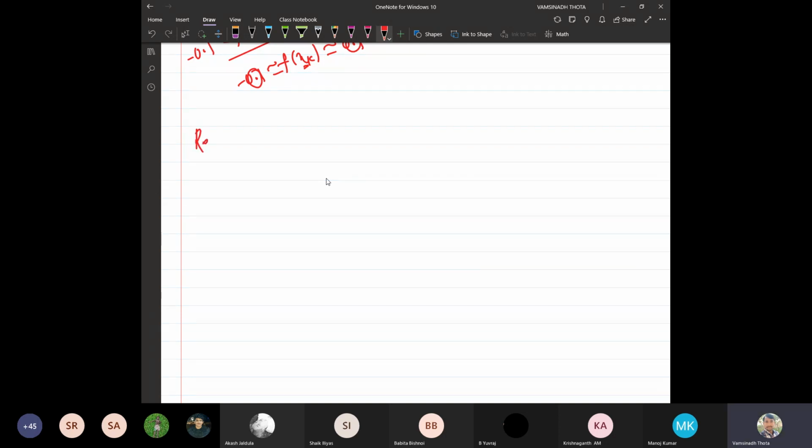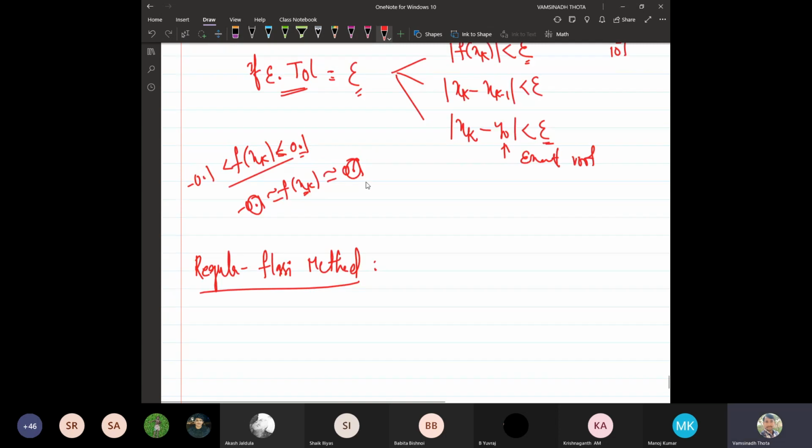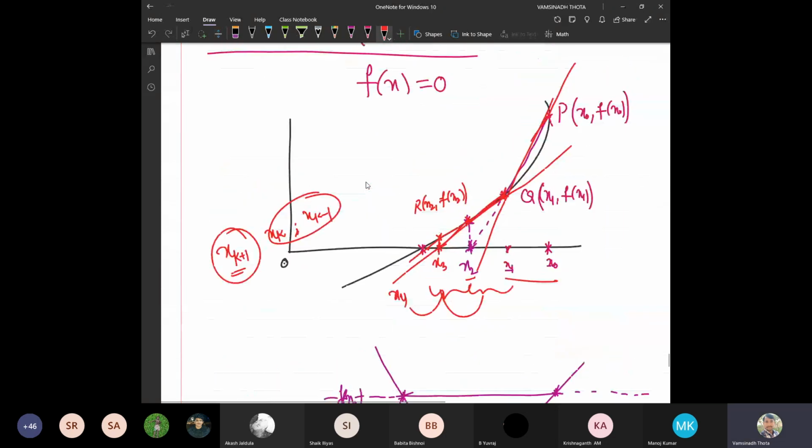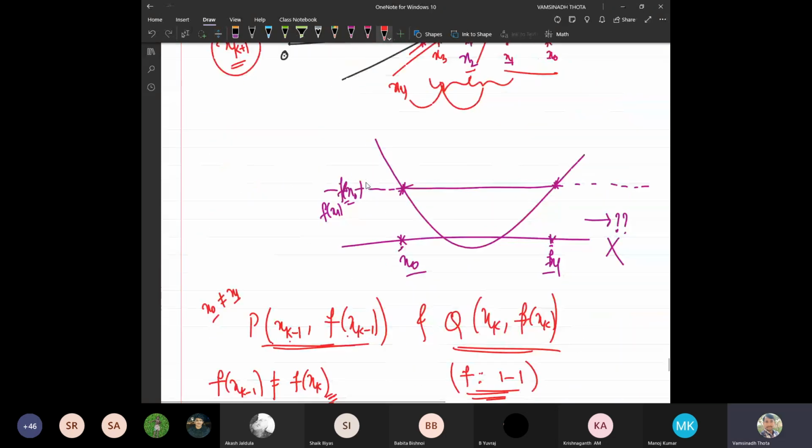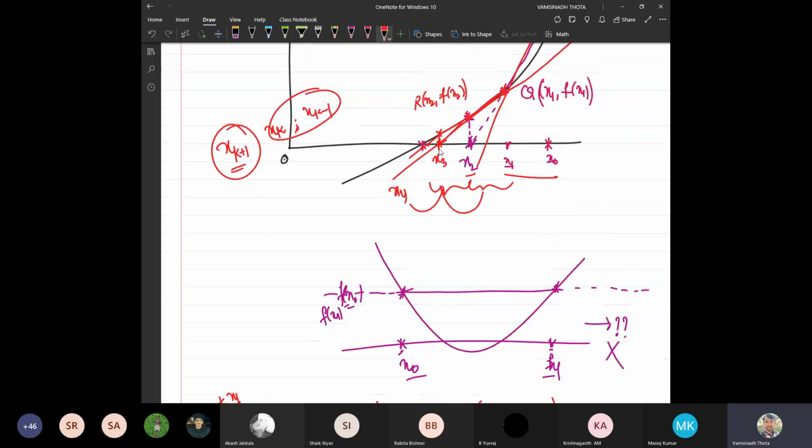So the next method is the Regula-Falsi method. In the previous method, if you observe, in the secant method, we are not worrying about the sign of the function values at the points.